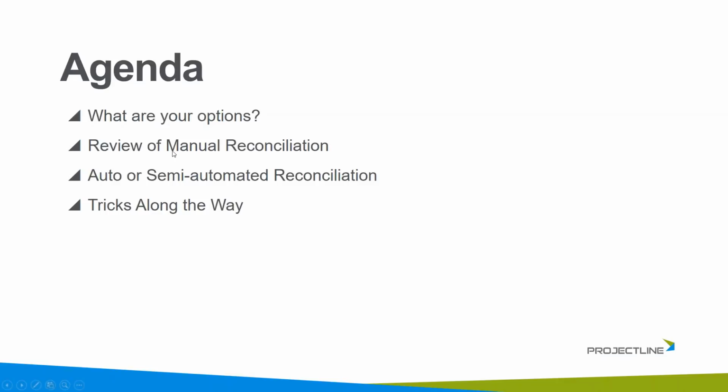We'll review the manual reconciliation for those of you maybe who haven't done it before or haven't done a lot of it. And then we'll take a look at the other form of reconciliation, and we'll see how it could actually be set up to be done manually, semi-auto or auto, and hopefully give you a few tricks along the way.